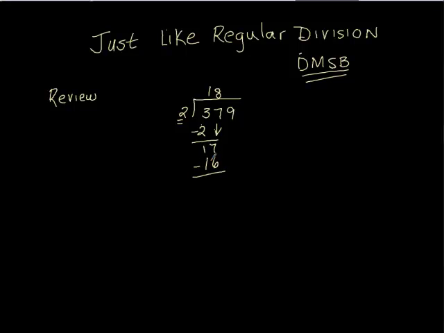Now, this opposite is going to be important later. 17 minus 16 is 1. We're going to bring down 9. I know you guys are like, I get this, but it's important. 19 divided by 2 is 9 without going over. 9 times 2 is 18. 19 minus 18 is 1.